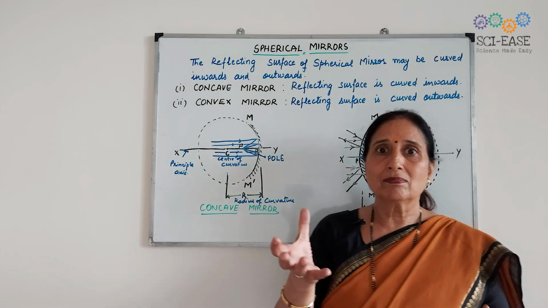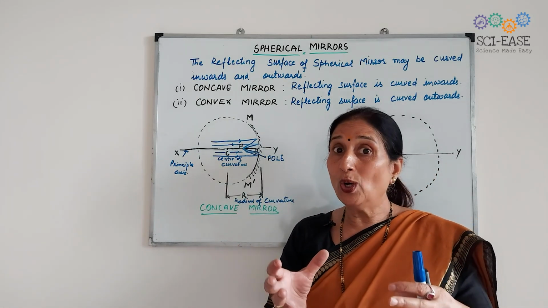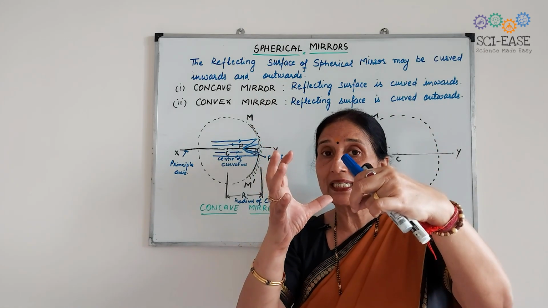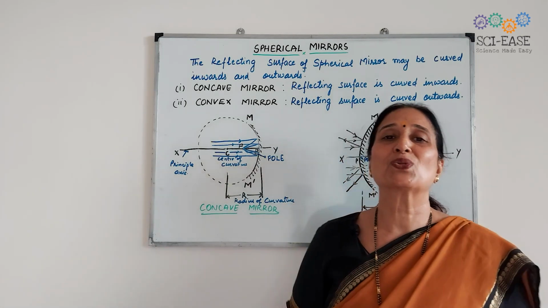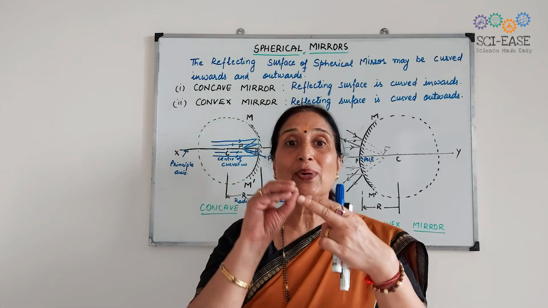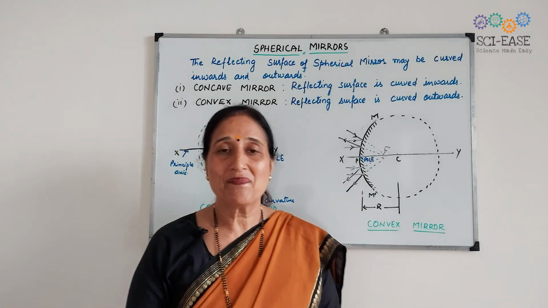The sun is a very hot source of energy, so the rays converge at that point. And that point where the rays are converging is known as the focal point, or you can say the focus of the mirror. Okay.